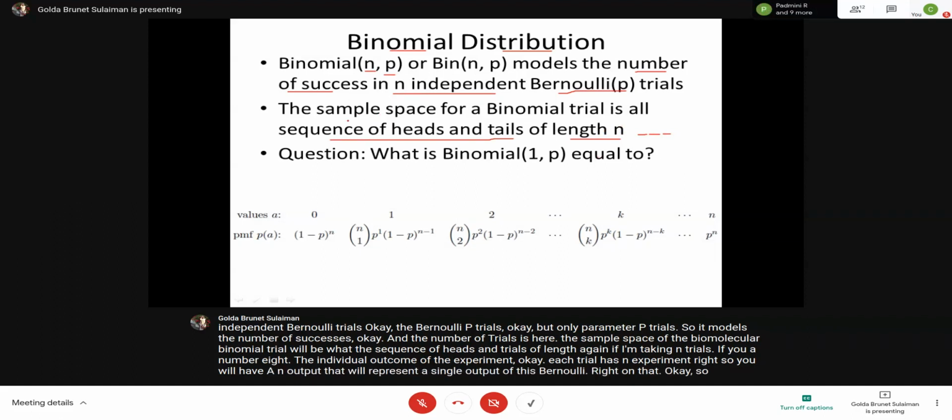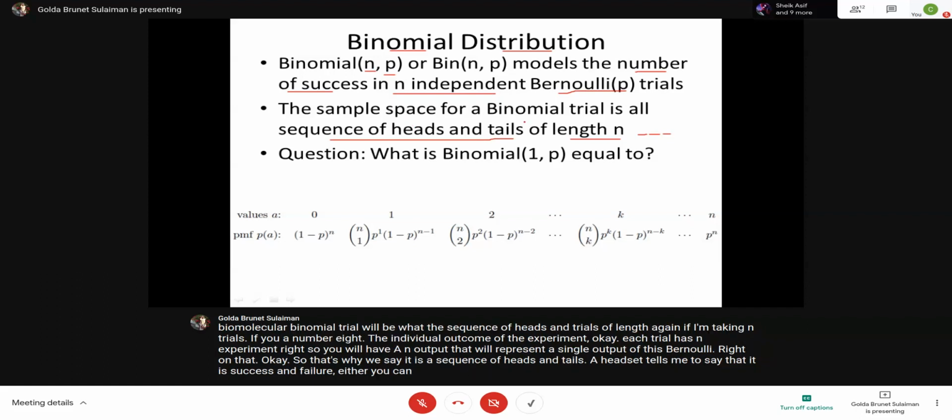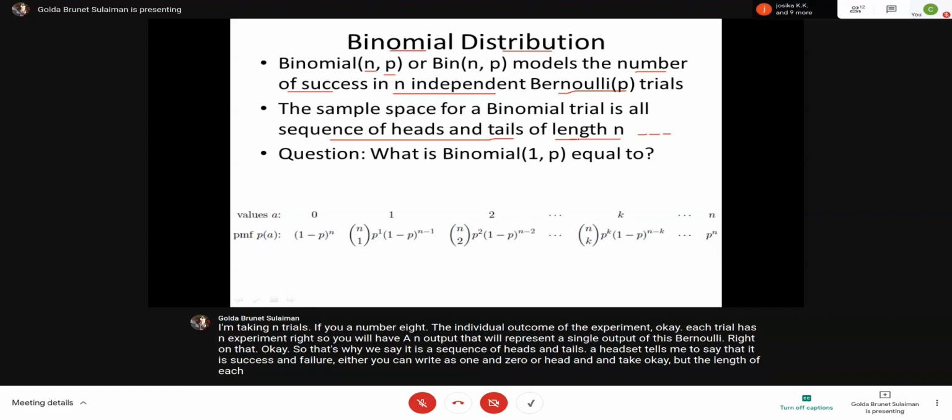So that's why we say it is a sequence of heads and tails. Heads and tails mean success and failure. Either you can write it as 1 and 0 or head and tail. But the length of each outcome is length n. The question now is, what is Bernoulli of 1 comma p equal to? Can anyone guess?